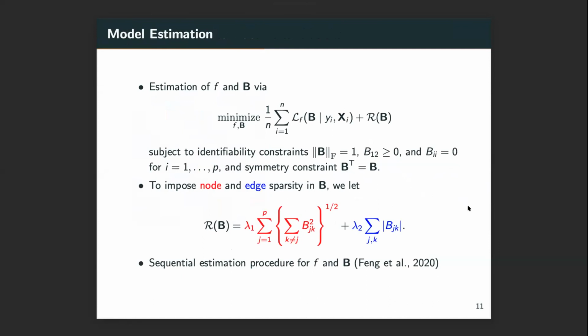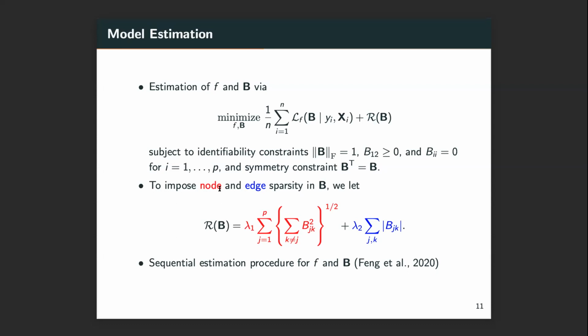How we're going to estimate B and the smooth function f is to minimize this objective function. We have the negative log likelihood of B and a regularization term R. And we have a few identifiability constraints that are common to estimating single index models, as well as some based on the fact that we're dealing with symmetric matrices.